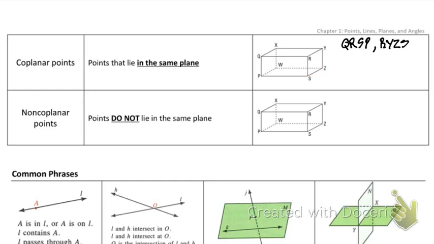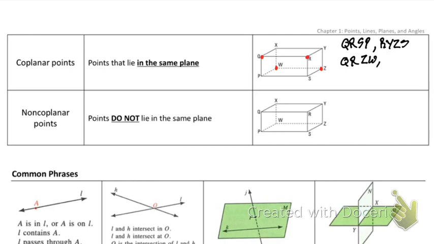Now I'm going to do a slightly harder example, and that's going to be Q, R, Z, W. Are those coplanar? Well, if I highlight those points, we have Q, R, Z, W. It's not quite the walls that we were talking about before. So at first glance, it might look like they aren't coplanar.